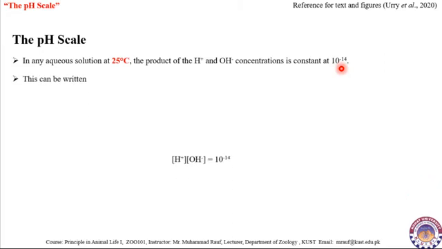This can be written as hydrogen ions times hydroxyl ions, and it will always be equal to 10 raised to the power minus 14. Although there will be differences in the individual values, their product will always be equal to 10 raised to the power minus 14.